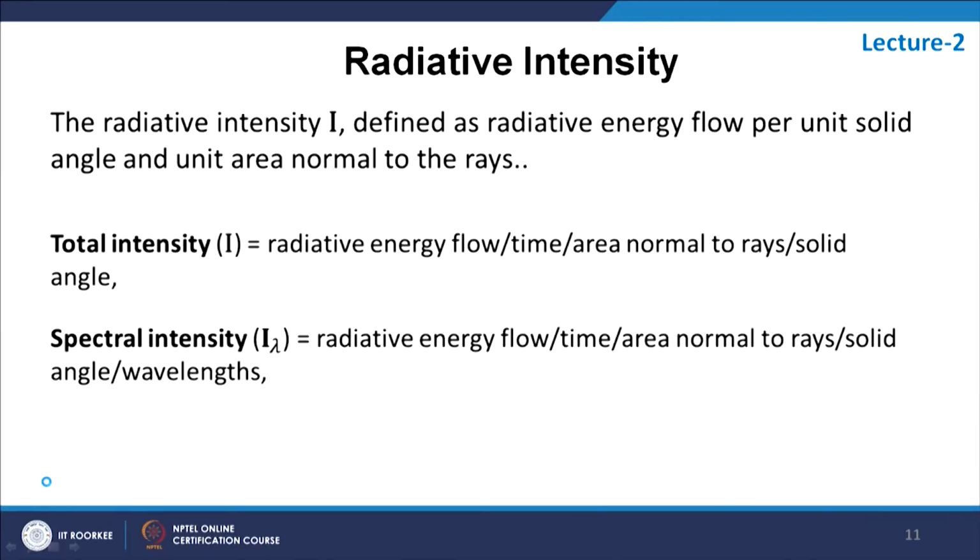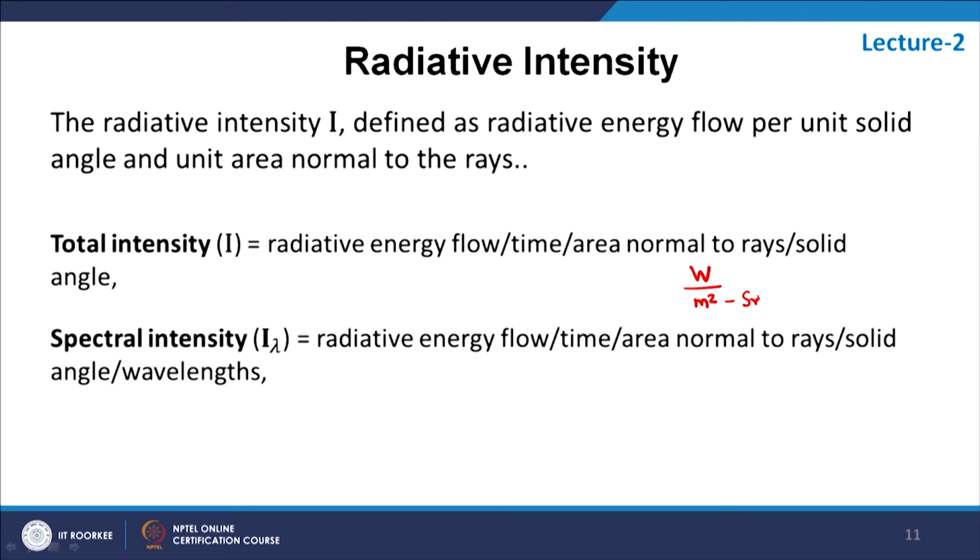So, to include the effect of solid angle, we define what we call radiative intensity. Radiative intensity is the energy emitted per unit time per unit area in a given solid angle, that is watt per meter square and per unit solid angle. The unit of solid angle is steradian.